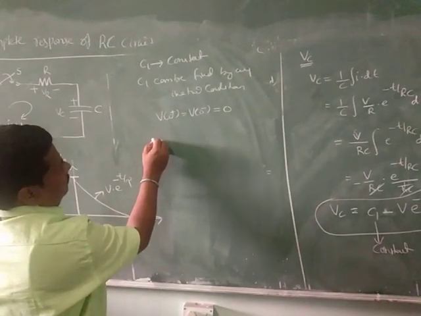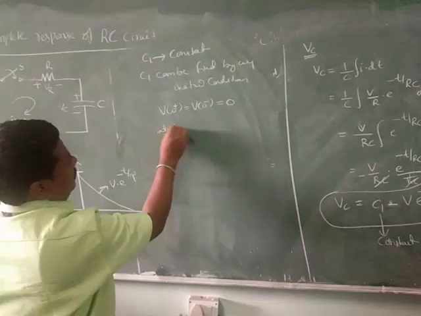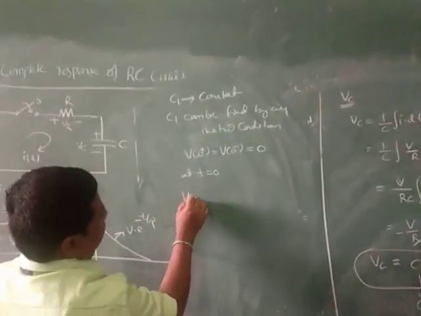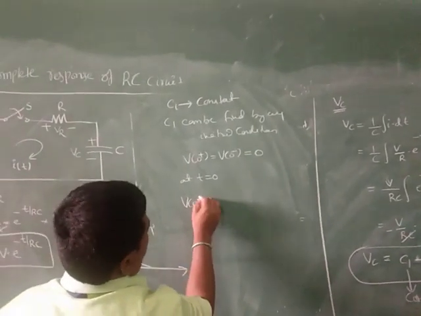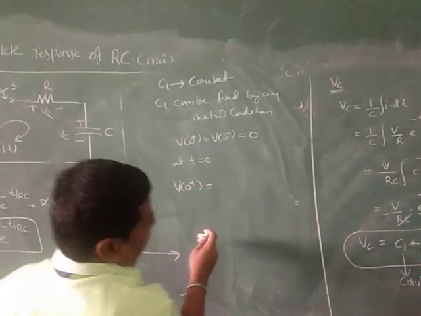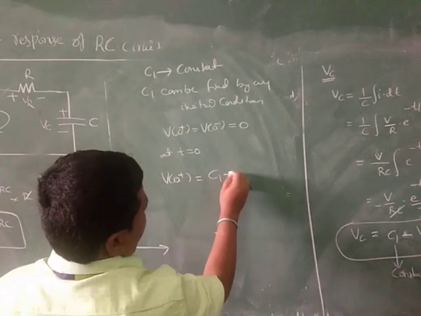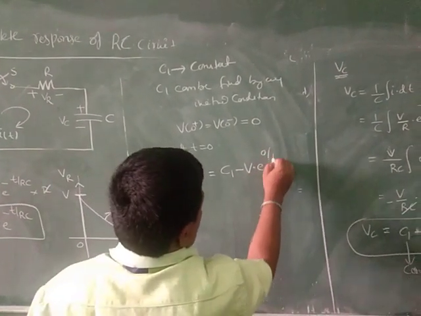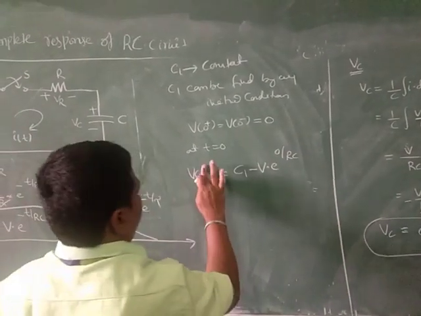So at t is equal to 0, V of 0 plus is equal to C1 minus V into e power 0 by RC.